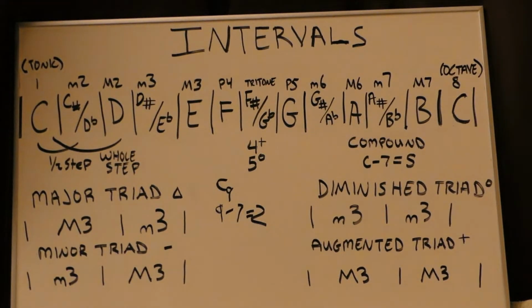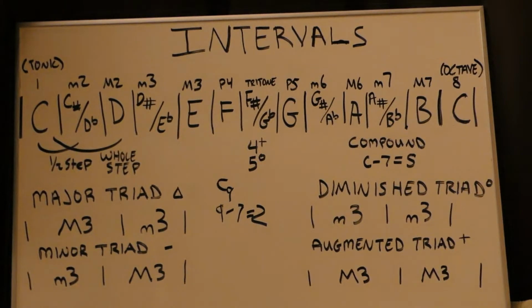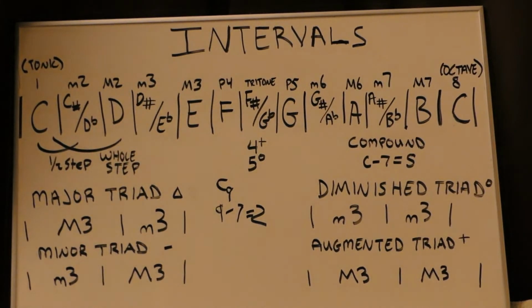And now let's talk about constructing the 4 basic triad chords. I will discuss this in later videos, but I'd like to introduce this topic while we're discussing intervals, because each of these triads is constructed of 2 major or minor thirds.